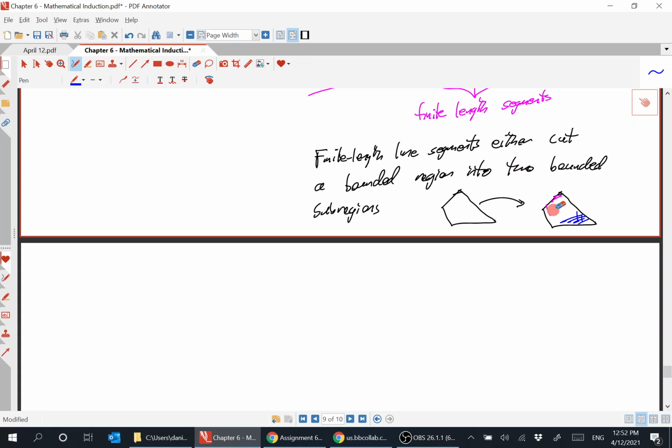Right, it takes a bounded region and divides it into 2 bounded subregions.